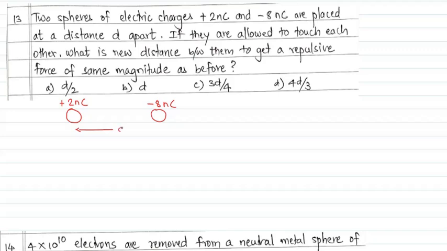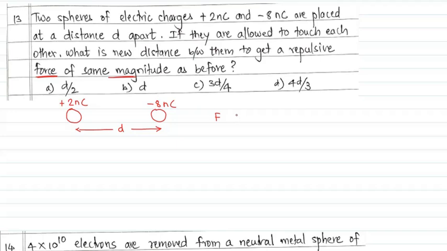The distance between these two is d. If they are allowed to touch each other, what will be the new distance between them to get a repulsive force of same magnitude? So force of same magnitude means in both case force is the same, distance is different.